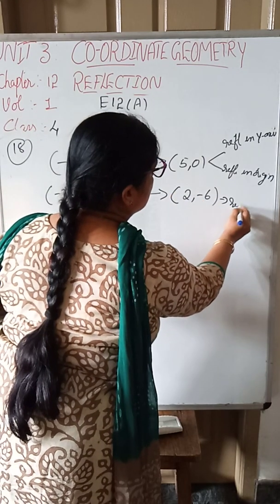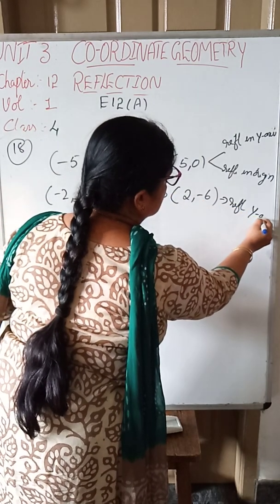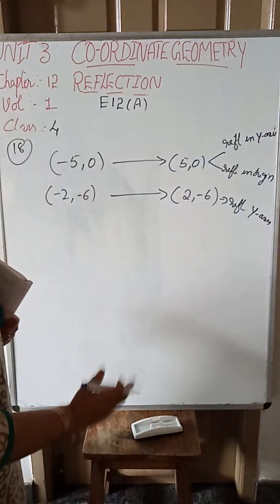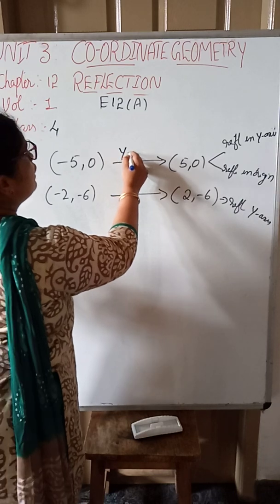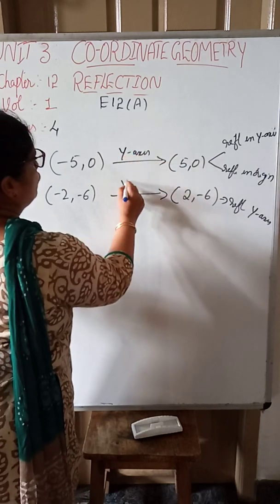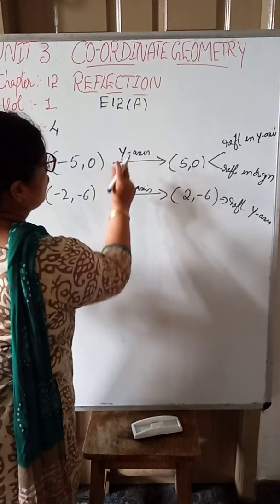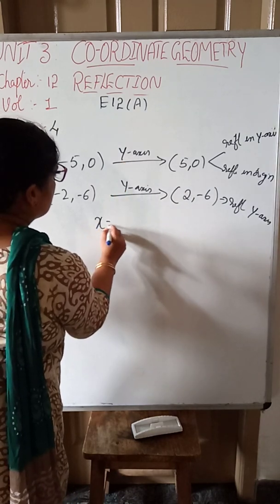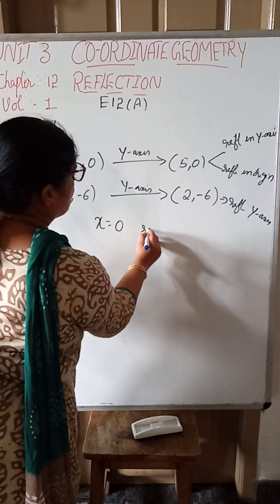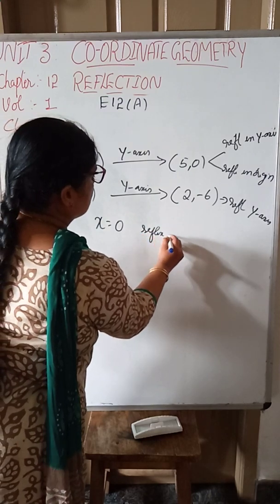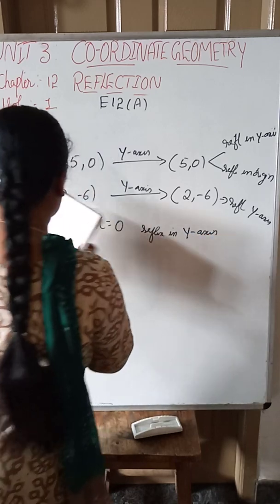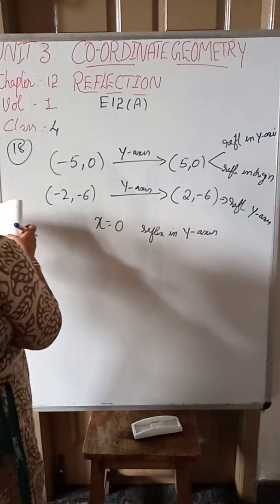So it is reflection in the y-axis. Both points have been reflected in the same line, so both are reflected in the y-axis. Therefore, the equation is x = 0, or reflection in the y-axis.